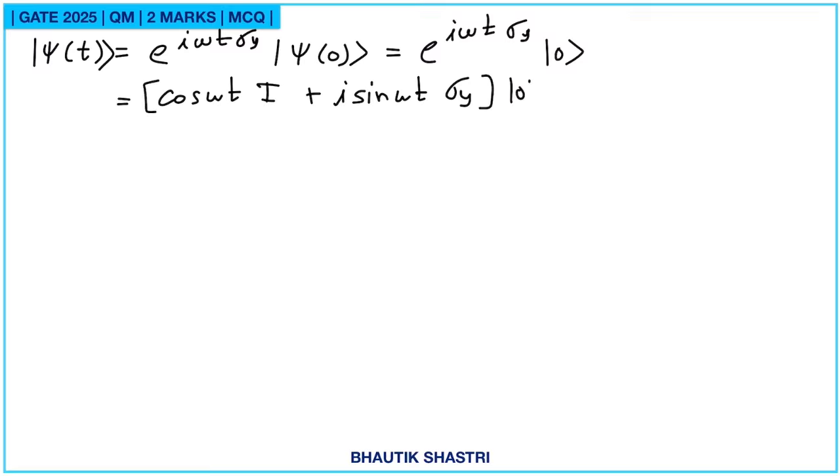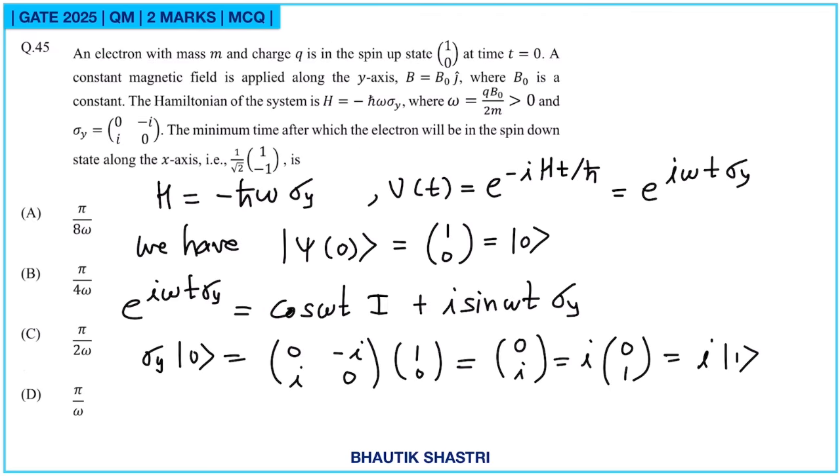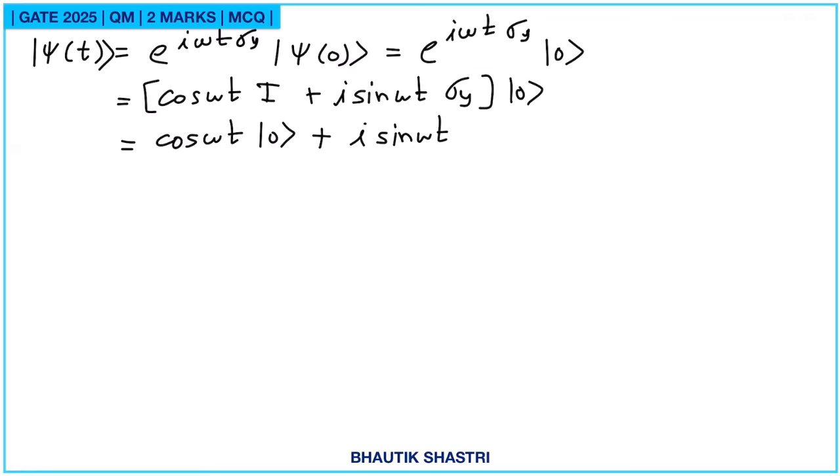So this is operated on ket 0. So first term will be cos omega t ket 0 plus I sin omega t, and sigma y operated on ket 0, which is I ket 1. So I into I, that will be minus 1. So here we have minus sign and ket 1 here.